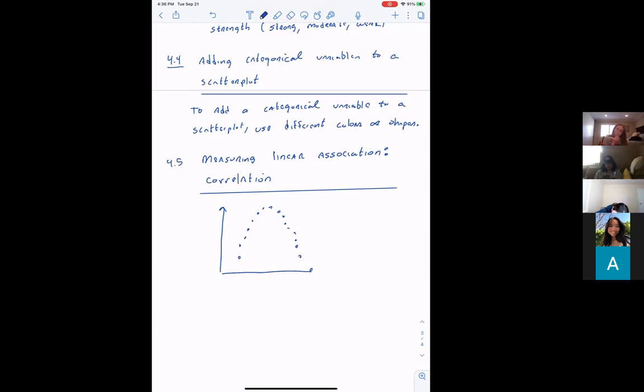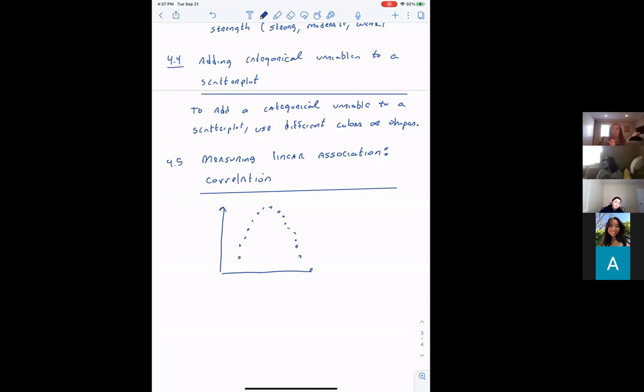No, not at all. I see, it's not linear, but I definitely see a pattern there, right? Very quadratic looking, very parabolic.